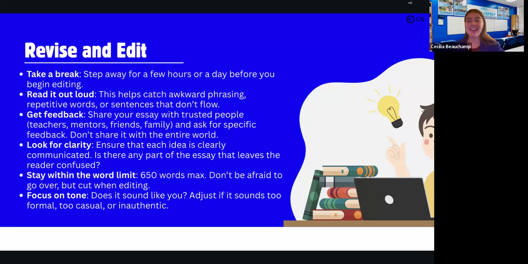Another thing I will say, and this is an important Common App thing, when you copy and paste your essay: don't write your essay in Common App, write it on a Google Doc. But when you're fully done with your essay and you copy it and paste it onto Common App, I don't know why, but the software automatically bolds every single word in your essay.